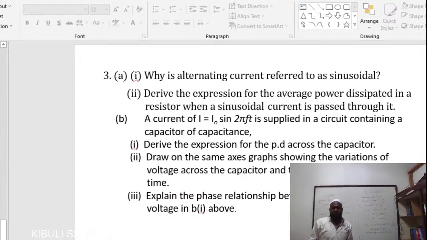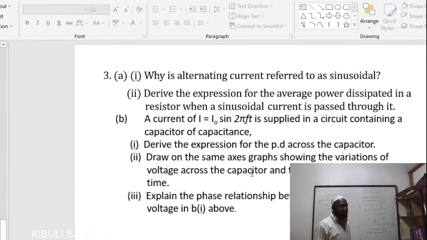So, the last part of the question was to draw on the same axis the graph showing the variation of voltage across the capacitor and the current against time.